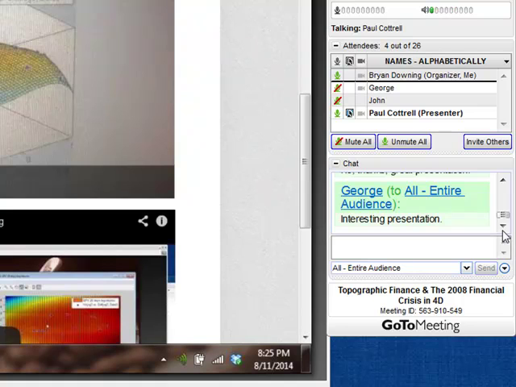So in that webinar, I'm going to show how Poseidon can be used to actually graph yield structure and see how that changes over time. And you'll notice that the yield structure of the bond market moves in a similar pattern as volatility.